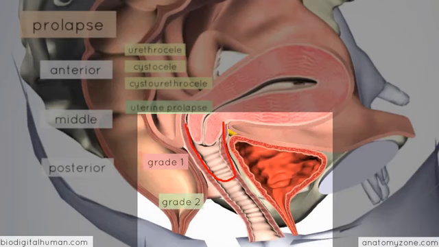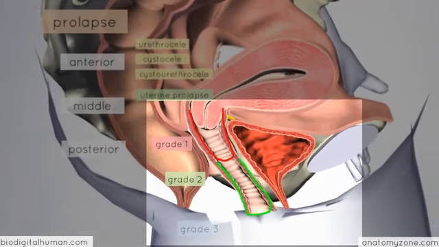In a grade 2 prolapse, the descent is further, so you've got the cervix reaching the level of the introitus, but the fundus of the uterus remains inside the pelvis. So a grade 3 prolapse is when you've got the entire uterus prolapsed outside of the vagina. And this is also referred to as procidentia.